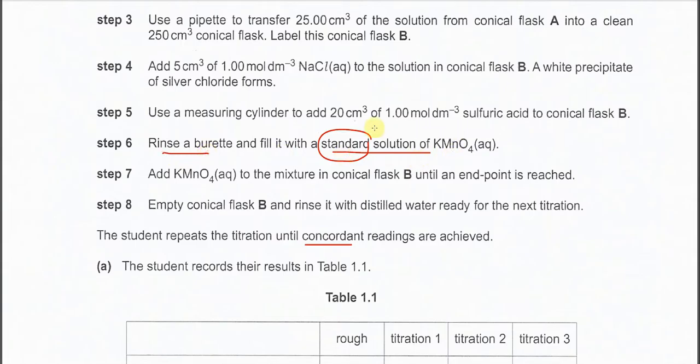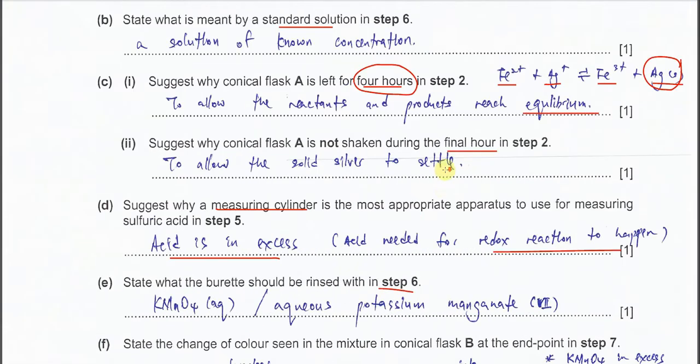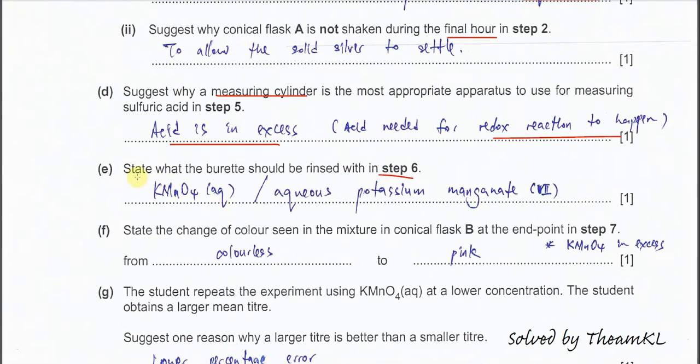If we want to fill with the standard solution of KMnO4, then we must rinse the burette with the same solution to make sure the burette has no extra water or impurities, right? So it's better to rinse the burette with the same solution. This one is quite easy. Therefore, the KMnO4 solution itself is going to be used to rinse the burette.